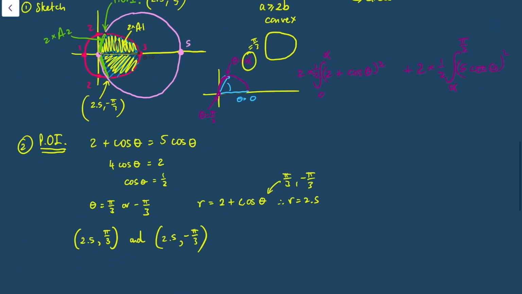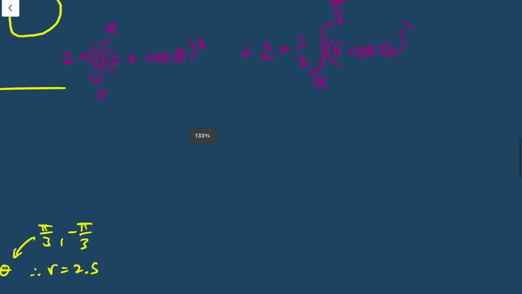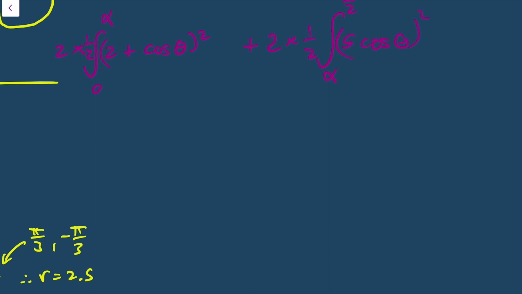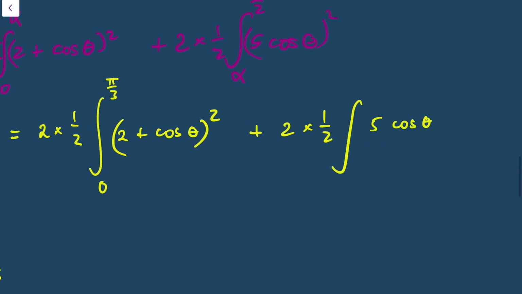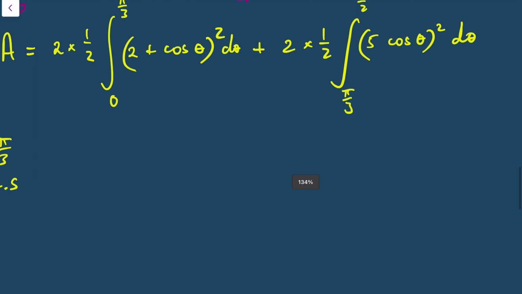Okay, so let's go and write out this area sum that we're working on. I've got 2 times a half of the integral between 0 and pi by 3 of 2 plus cos theta all squared, plus 2 times a half of the integral of 5 cos theta all squared d theta, and this is going to be between pi by 3 and pi by 2.